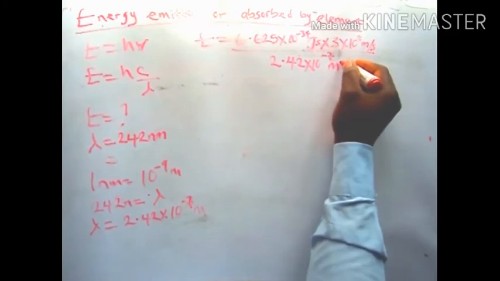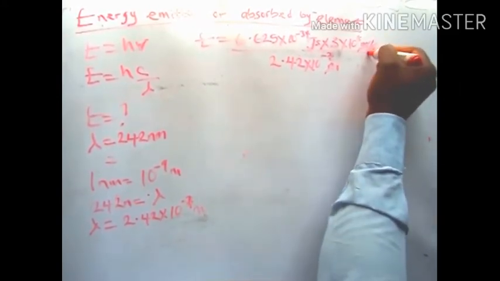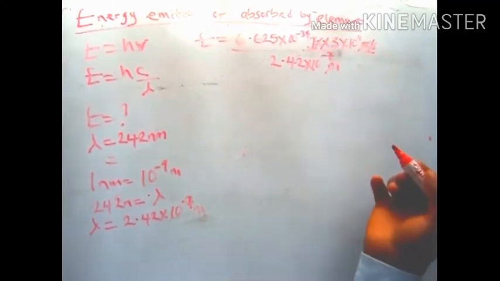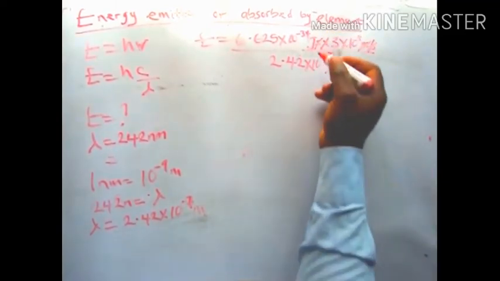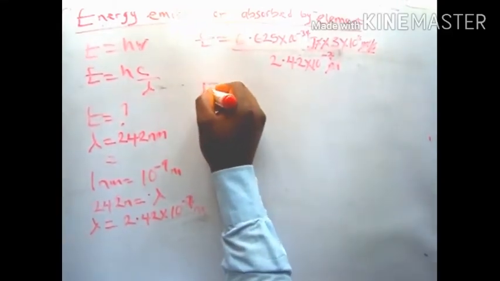So here we cancel the meters, and per seconds we cancel the seconds, so we are left with joules. That's the unit of energy.